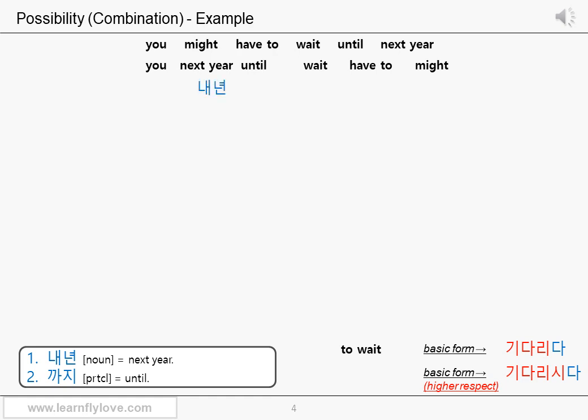Next year. There is no one word noun for next year in English, but there is one word noun for next year in Korean. 내년, 내년. Tomorrow is 내일. Next year is 내년. You don't have to know this right now, but 내 means coming, actually. It's from a Chinese word. In Korean, when one letter represents the meaning that a particular verb or a gerund has, it normally has a Chinese origin.